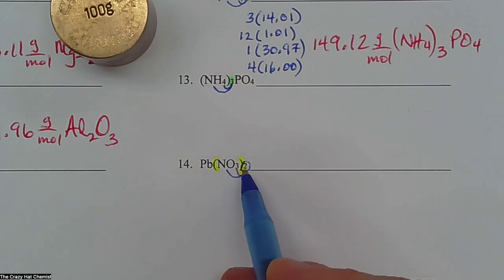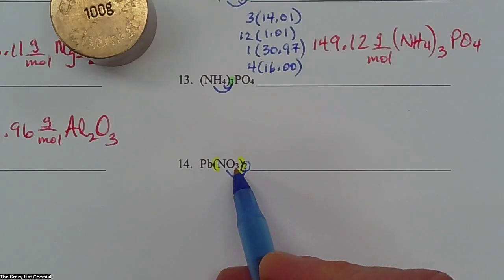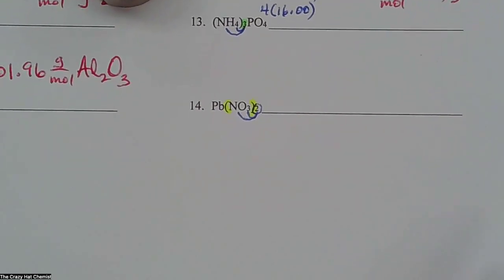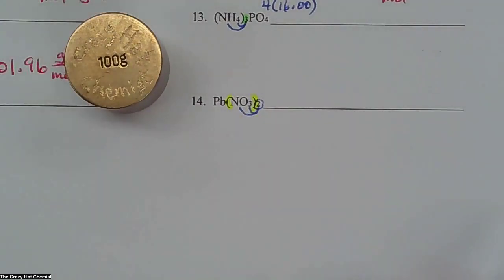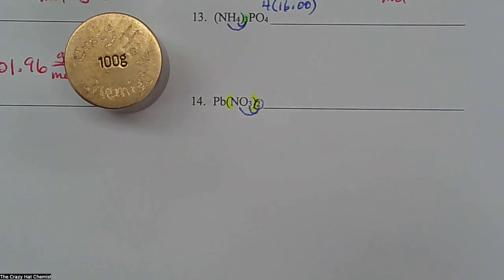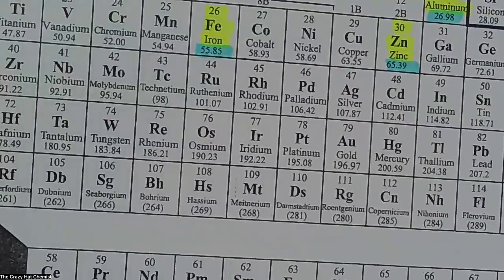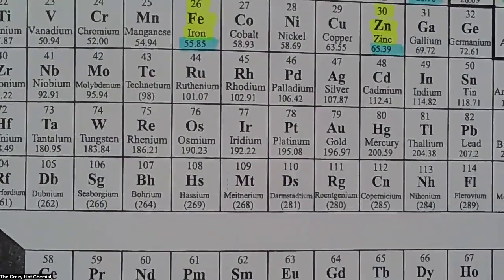There's 1 lead. There's 2 nitrogens, and 2 times 3, that's 6 oxygens. Okay, so let's slide this up on over here. And there we go. So we're going to find lead on our periodic table. There is 1 lead, and lead is right here, element number 82.